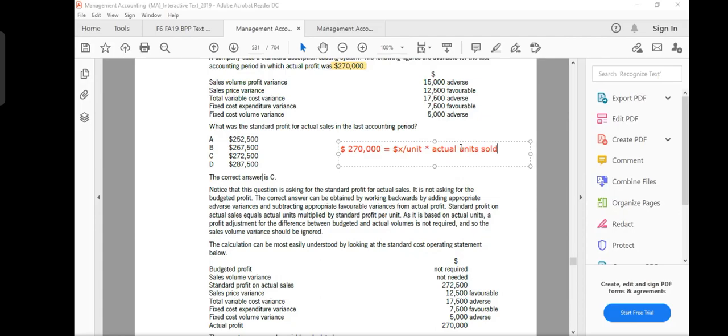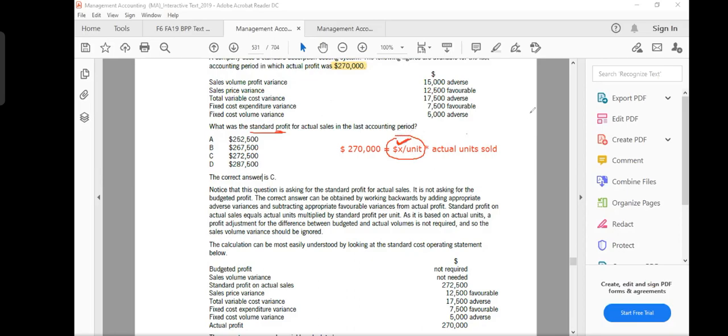Now they're asking me to find the standard profit, again based on the actual units. So I only need to consider this part, profit per unit. I don't need this one, because this profit X is not standard. This is actual profit.